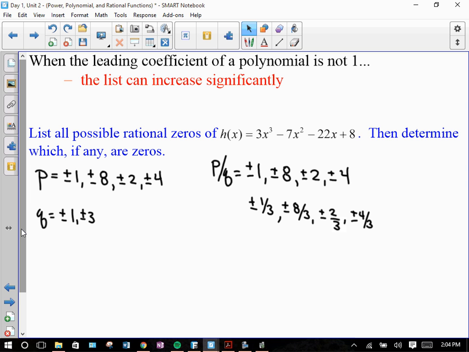So, Sean chose -2. Alright? I want you guys to do synthetic division with -2. Tell me if you get a 0 or not a 0. Sean, you can do 2.